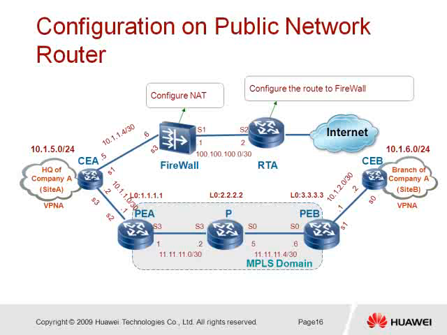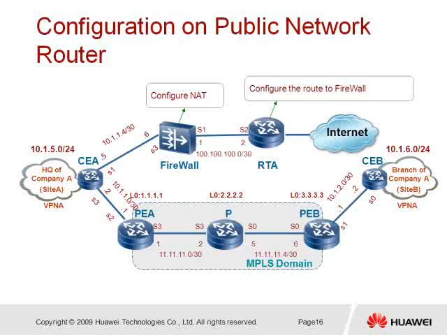Secondly, let's configure RTA. The configuration on RTA is very simple. Configure ip route-static 100.100.99.0 255.255.255.0 100.100.100.1 in the system view to configure the static route to the NAT address group.